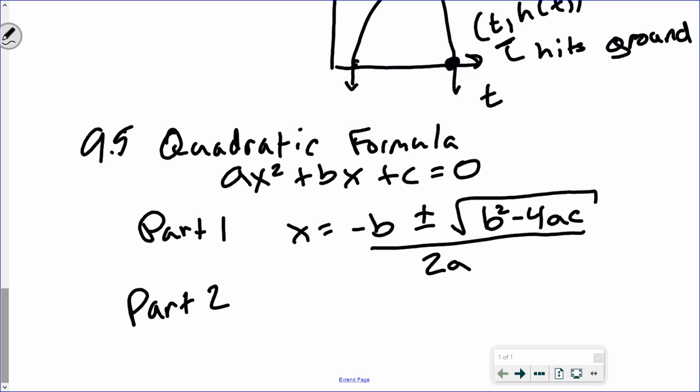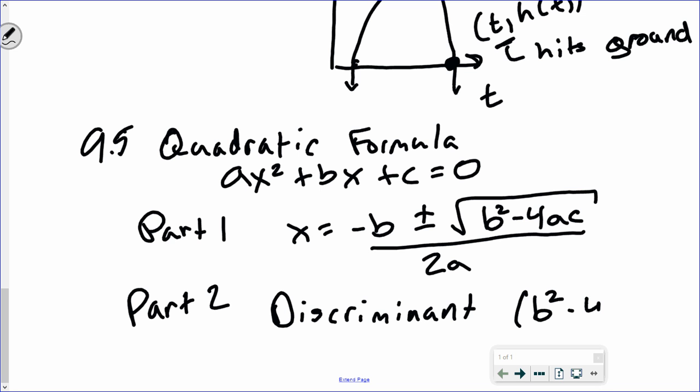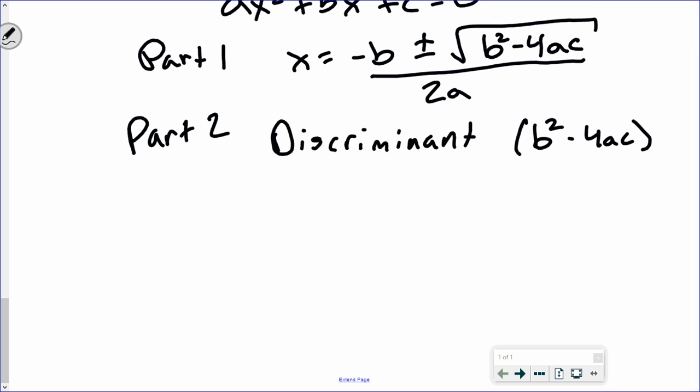The new material in part 2 was the discriminant, which of course is just the b squared minus 4ac piece of the quadratic formula. This relates back to 9.2. If the discriminant was negative, we had no real solutions.